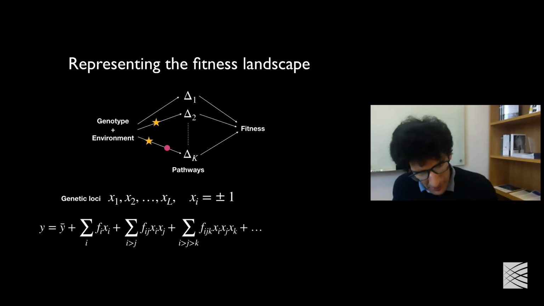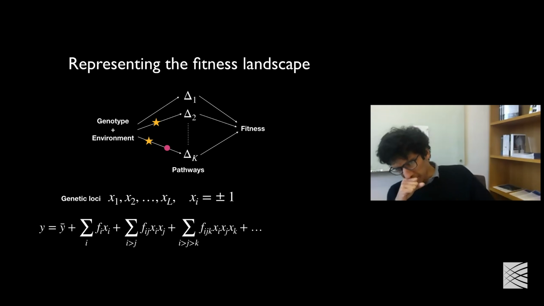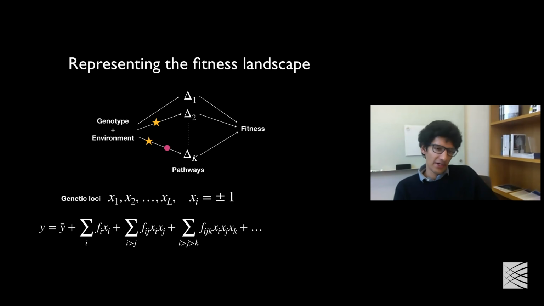Now, when we think about many different loci, the picture gets much more complicated, right? So, for instance, in this framework that I'll be talking about, I'm going to imagine that there are L loci on the genome, which defines the genotype. We can imagine that these loci take on two different states, right? You can imagine that these are two different alleles of the same locus.